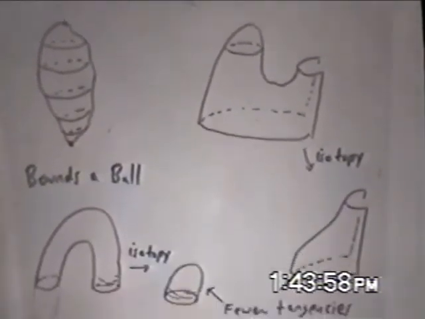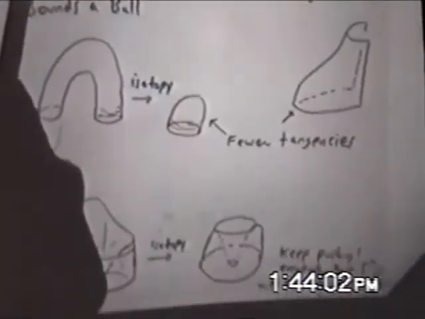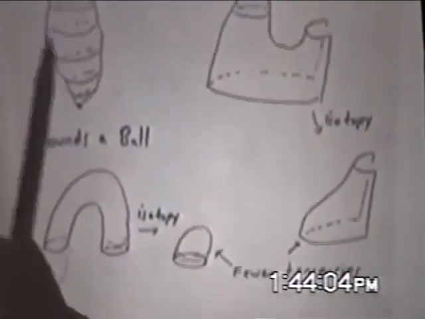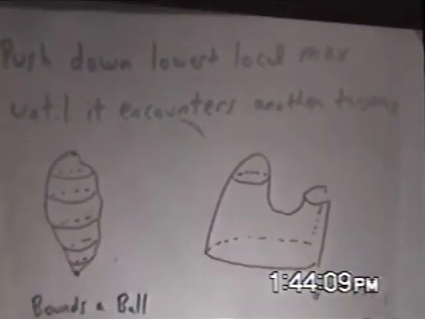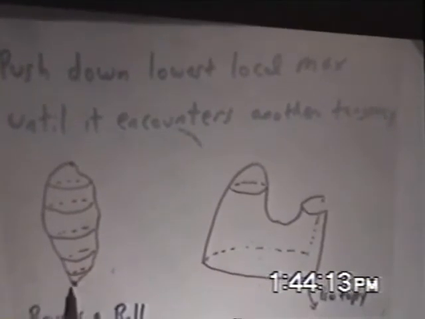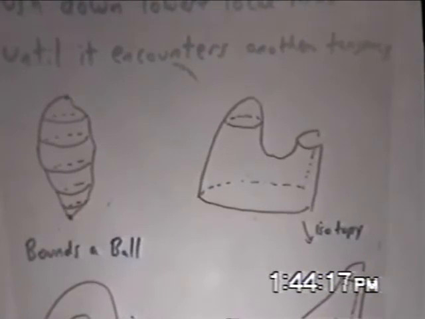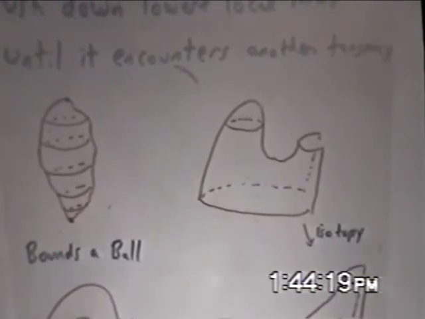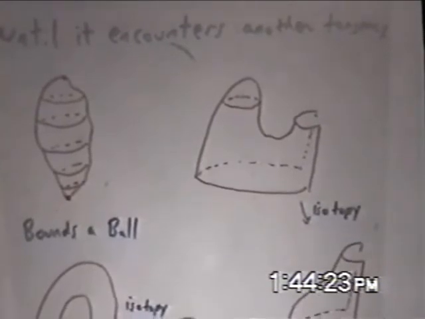Now you look at the surface and how it lives in the space. Just below the surface, looking locally, you see a bunch of circles, and a little bit lower and lower. Eventually you'll either come down to a minimum, in which case you can see directly that this thing bounds a ball, or you'll run into a saddle point.